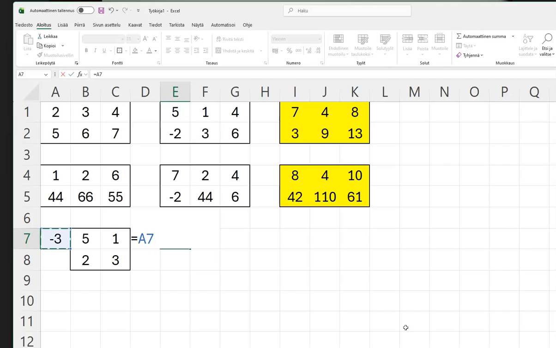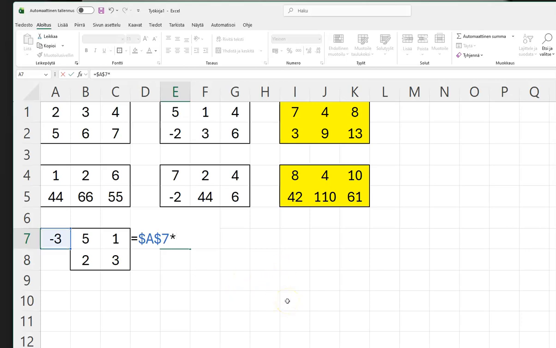With Excel, I may press the button F4. Now I first picked that value there, and if I press F4, then it gives us these dollar signs there, and this means that it locks the column A and row 7. That means this cell. This locks that cell, and this is what I want to do.